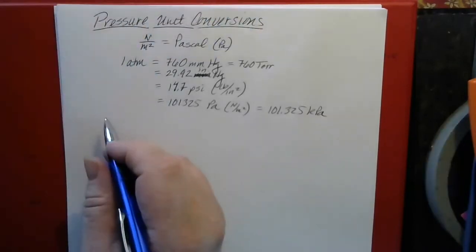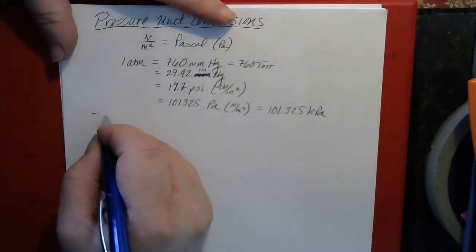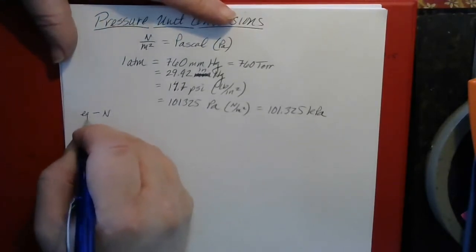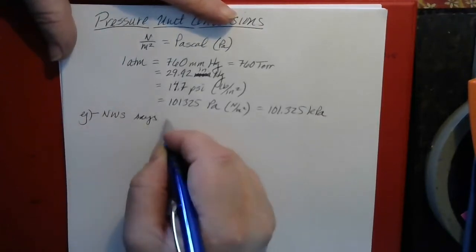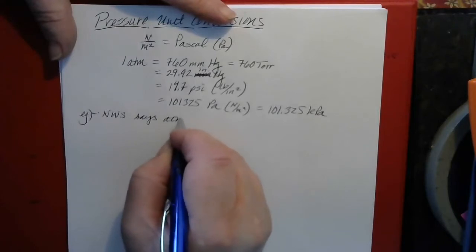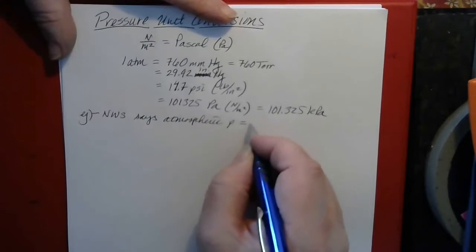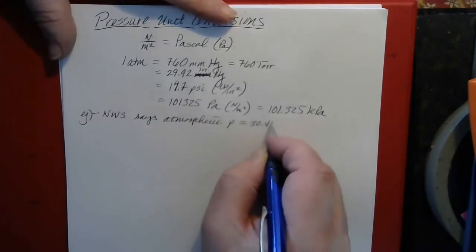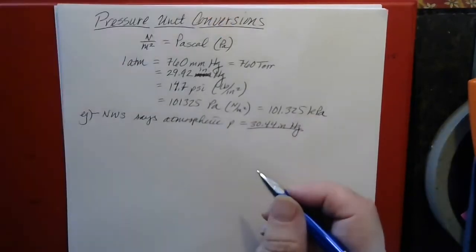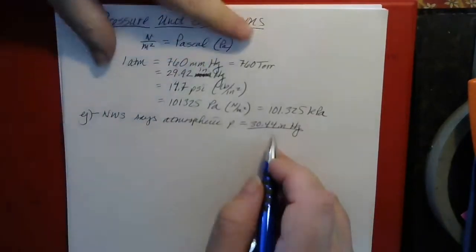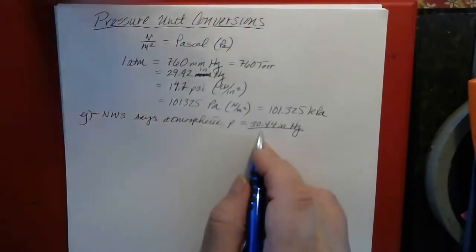Okay, we did some unit conversions last time, but there are a couple more I wanted to show for right now. So let's say the National Weather Service says that the atmospheric pressure is 30.44 inches of mercury. And in the United States, that is probably the most common unit used for pressure in, say, weather forecasts.